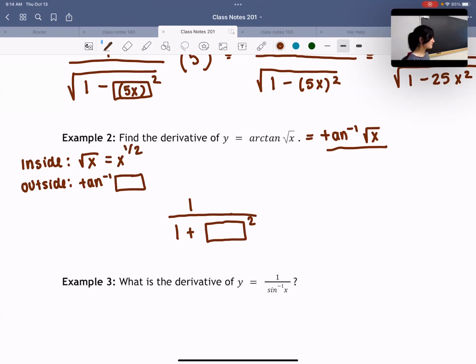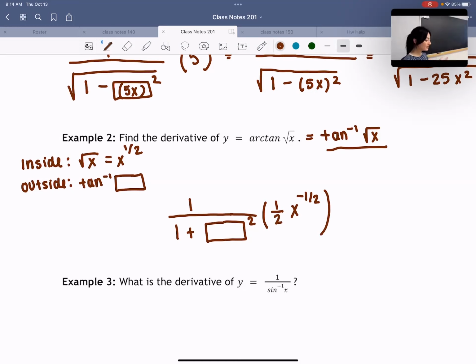Okay, so now that we have something written in something that we can use the power rule with, what's the derivative of x to the 1/2? Using the power rule, 1 over 2 x to the -1 over 2. Perfect, but not 1 over 2x in the exponent, right? Just x to the -1 over 2. Okay, good.